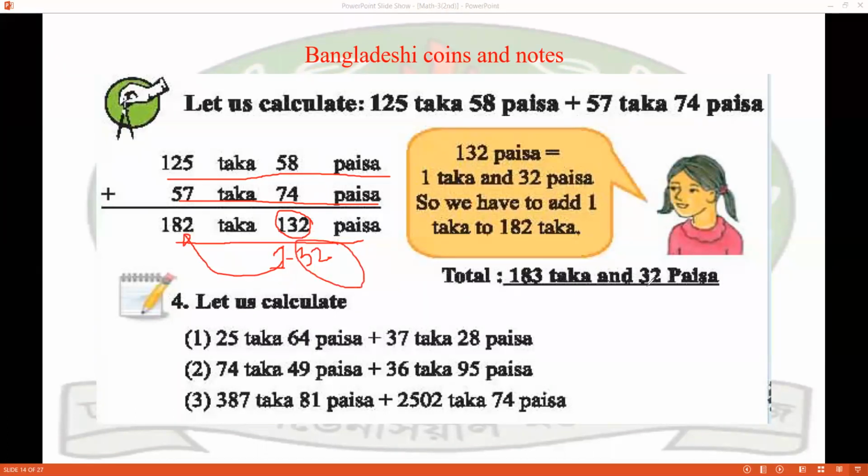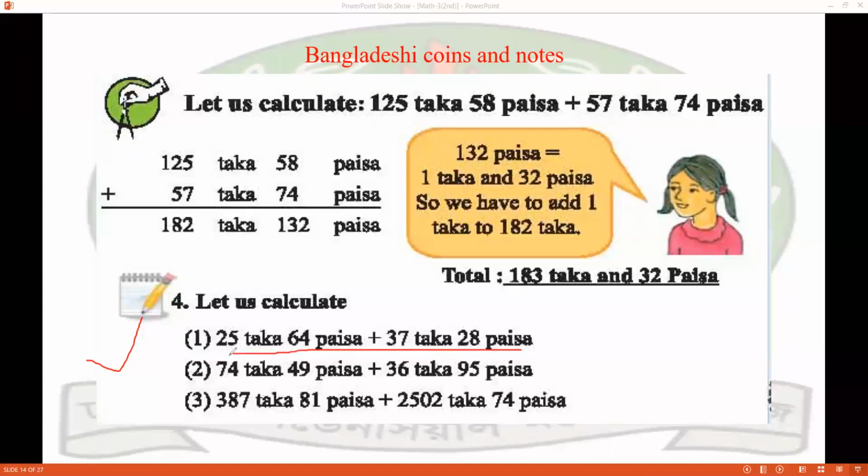So we write 32 paisa. When you solve this type of math, you have to be careful. When the paisa is more than 100, you have to add it to the taka amount. By this way we solve it. There are 3 exercises here. You can solve it easily in this way.